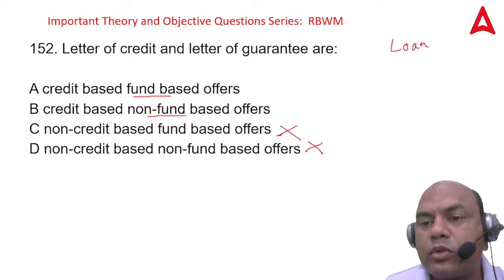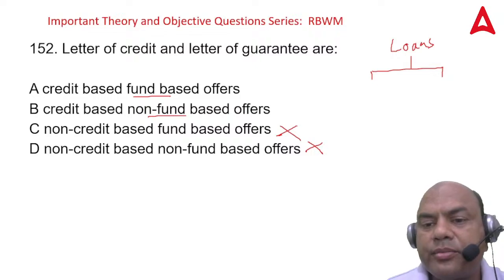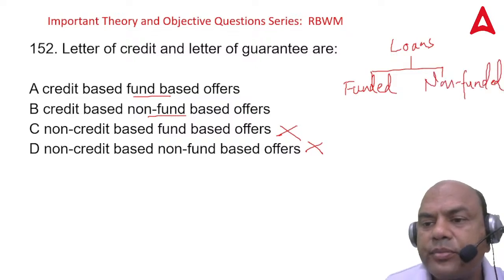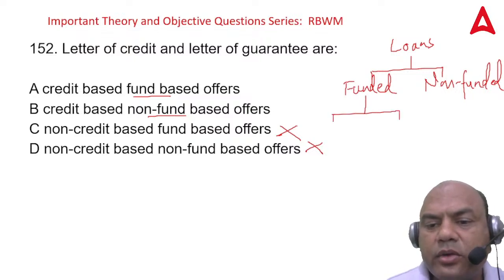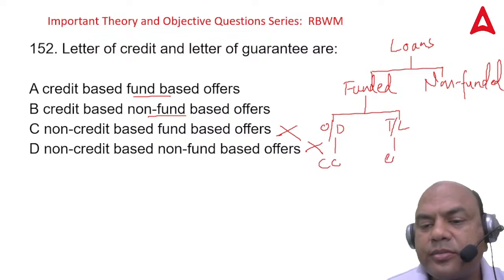Loans are of two types: one is funded, and the second is non-funded. Funded again has two types. OD, you can call it overdraft, and here comes CC, bill financing, everything. And the second is term loan, where you have EMIs.